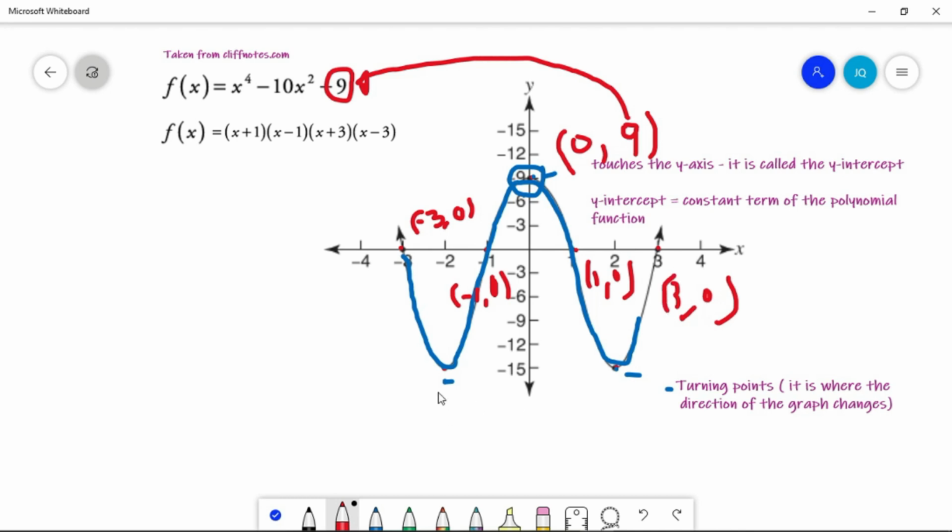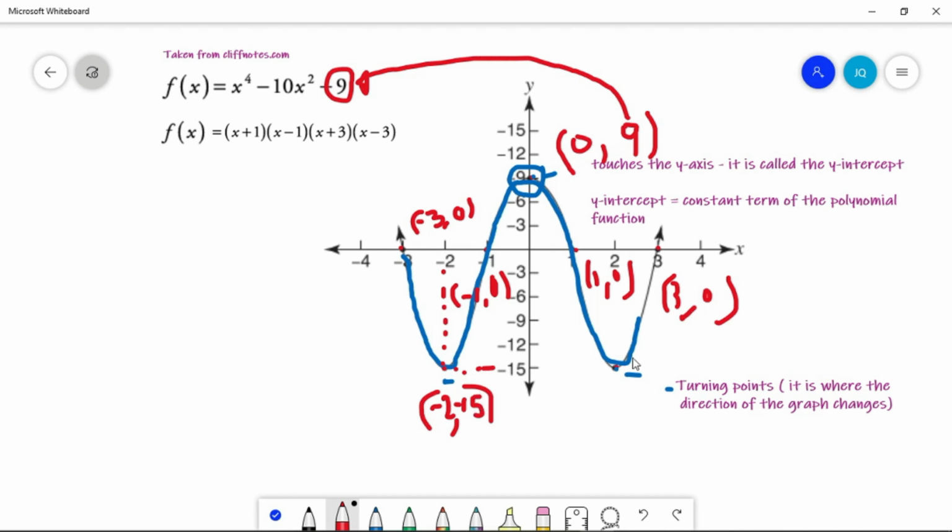If you want to ask me what this other point is, it's actually from the x-axis, that's negative 2, and then from the y-axis, that's negative 15.